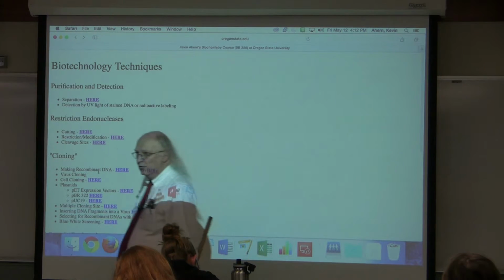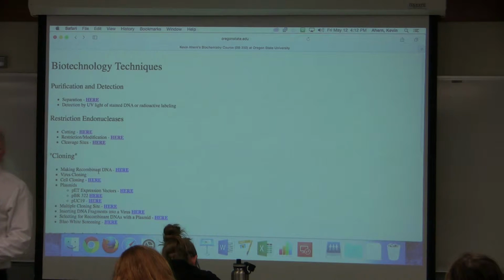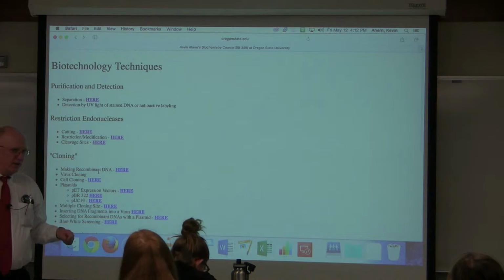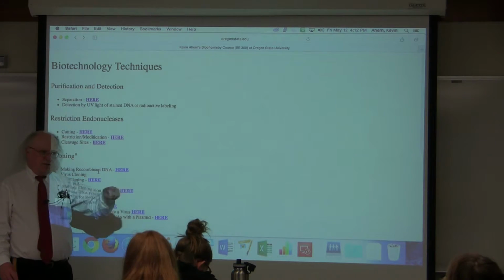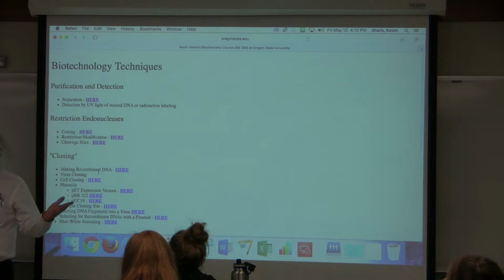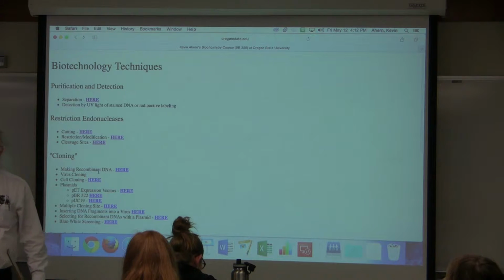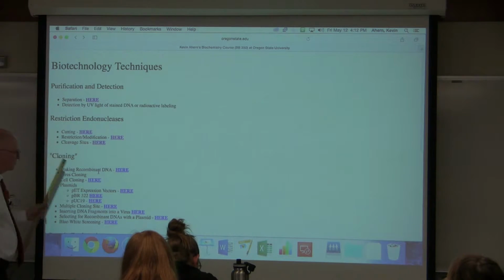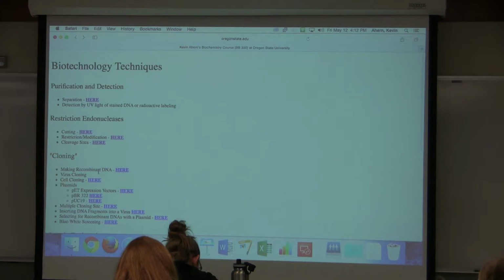So microbiologists know, for example, that when you streak colonies across a plate, what you're doing is making individual cells available on that plate that then make a mound of cells, and that's a clone of those cells. They're all identical copies of the first cell that was there. Molecular biologists also use that term to refer to DNA. So multiple identical copies of DNA are also referred to as clones.